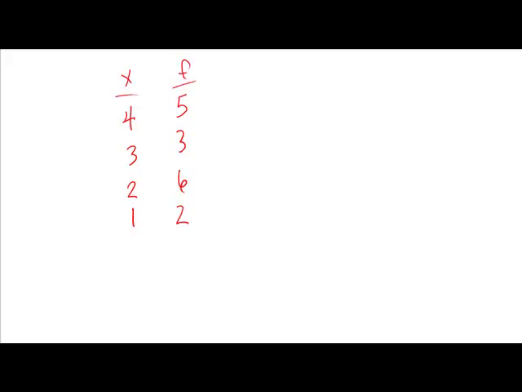And it asked you to compute the mean, where x bar equals the sum of fx divided by n. Anybody remember looking at this one twice, trying to figure it out?